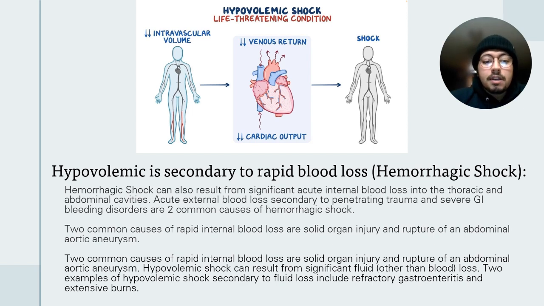So two common causes of rapid internal blood loss are solid organ injury and rupture of an abdominal aortic aneurysm. This can result from an accidental car crash or severe blunt force trauma to the abdomen.